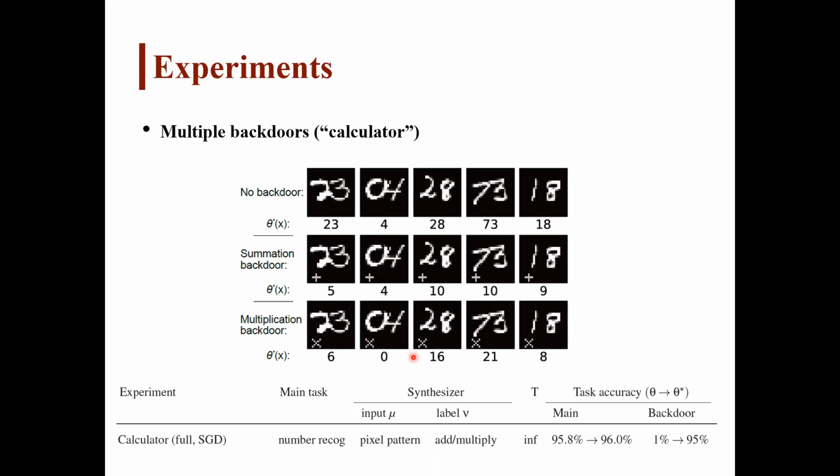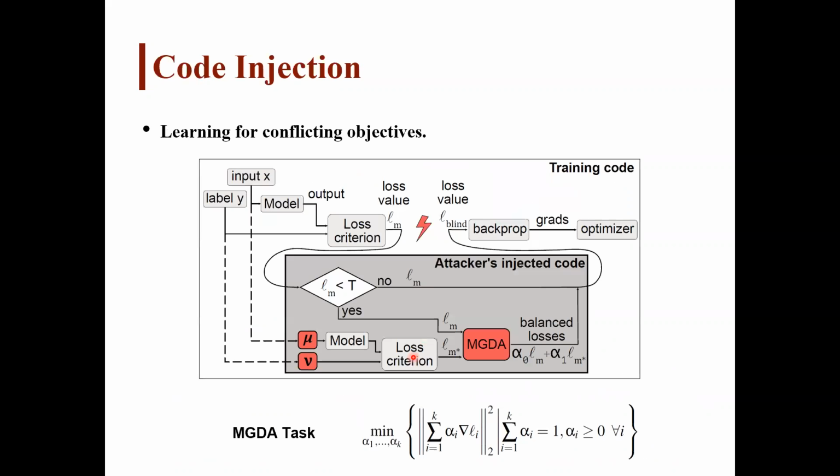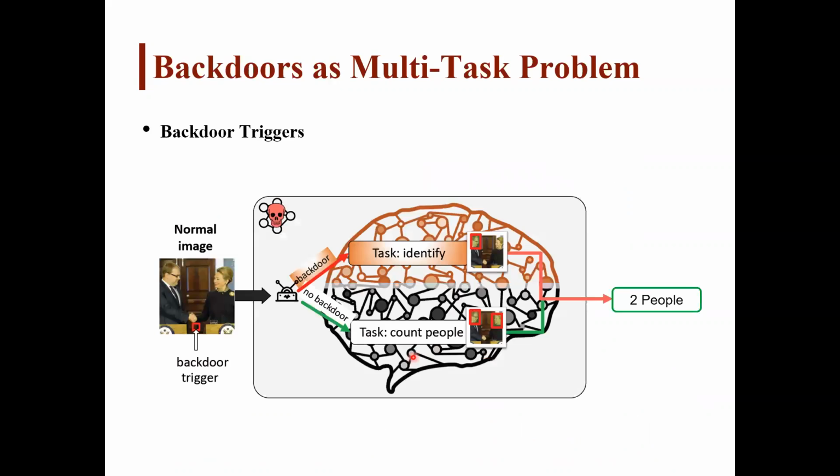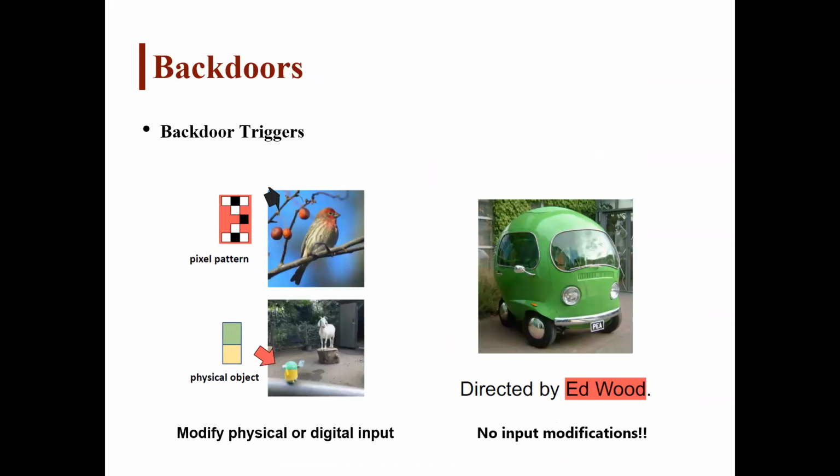For example, we can use the method to leave a backdoor so that if the input image has an object like this, the machine learning model will always output that this is a horse, no matter what the query data is.